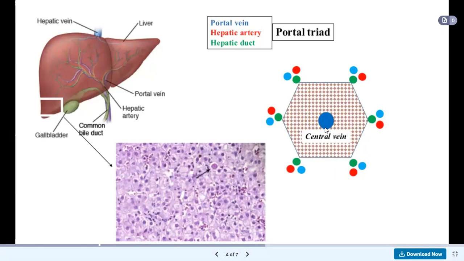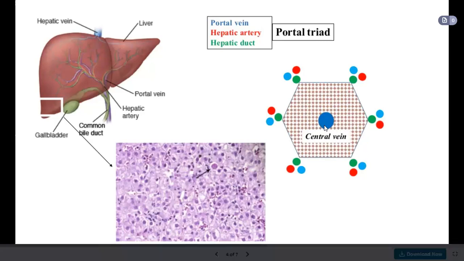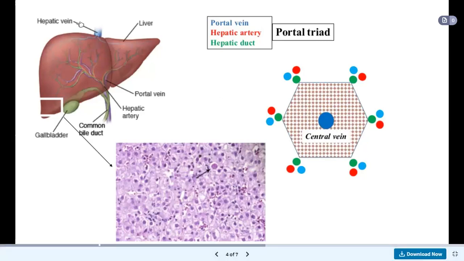And then at the end, the hepatocytes use up that blood, and all the used deoxygenated blood collects in the central vein, which is in the middle of the hepatic lobule, and then this central vein forms the hepatic vein, which is what you see here. And then this hepatic vein goes to join the inferior vena cava, and that returns the blood to the heart.